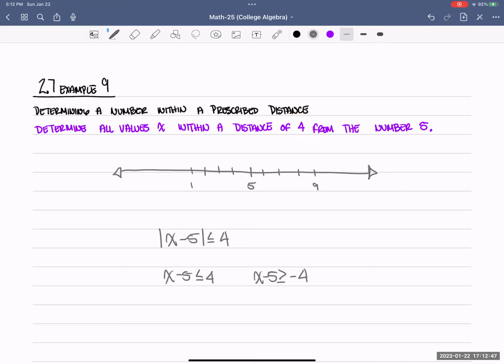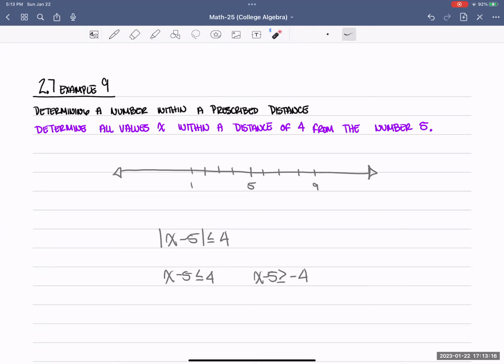So looking at the absolute value, we have to give it the option of it being either a positive number inside the absolute value signs, or also a negative number inside those absolute value signs, so that when you take the absolute value of that number, you end up with a positive number. So it's very similar to the square root thing that we were talking about in section 2.5. We kind of have that same thing going on here.